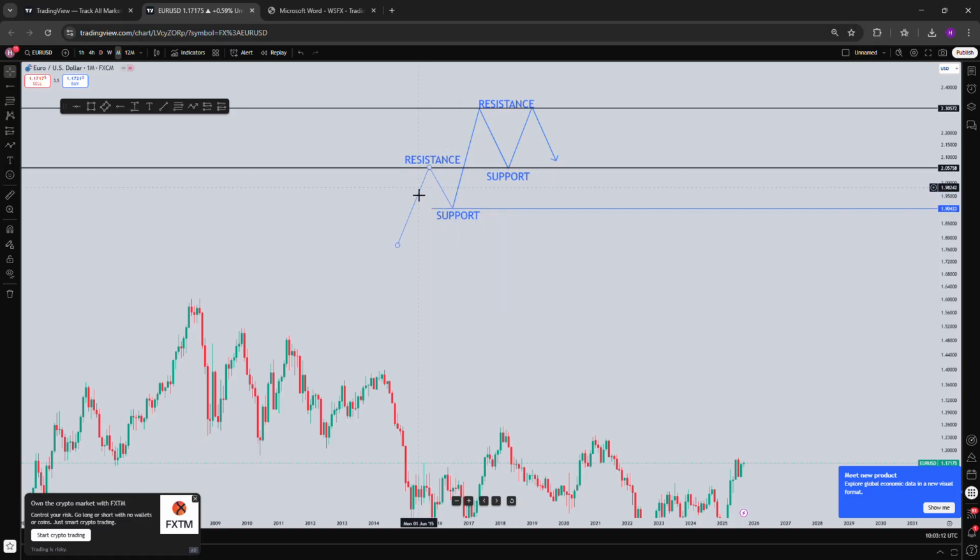Remember we called this a resistance in the first place. Came all the way to this resistance and then came back here to find a support, right? What did we call this line before? It was a resistance before, and now it is a support. Just put that at the back of your mind, right? A resistance can turn to support.